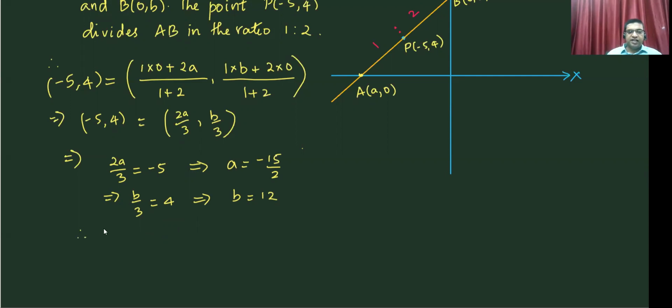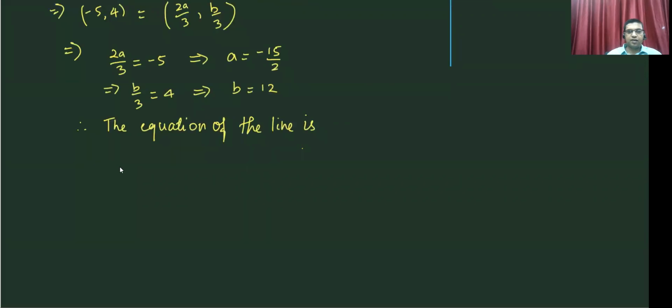Therefore, the equation of the line is x by a plus y by b equal to 1, which means it is x by minus 15 by 2 plus y by 12 equal to 1.